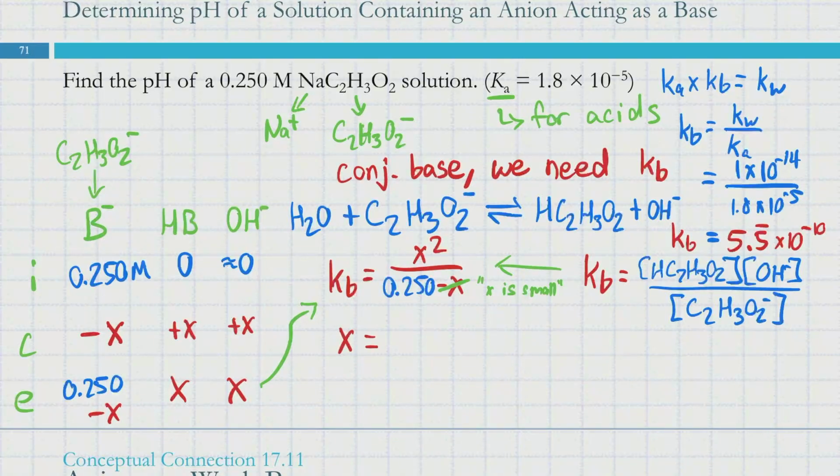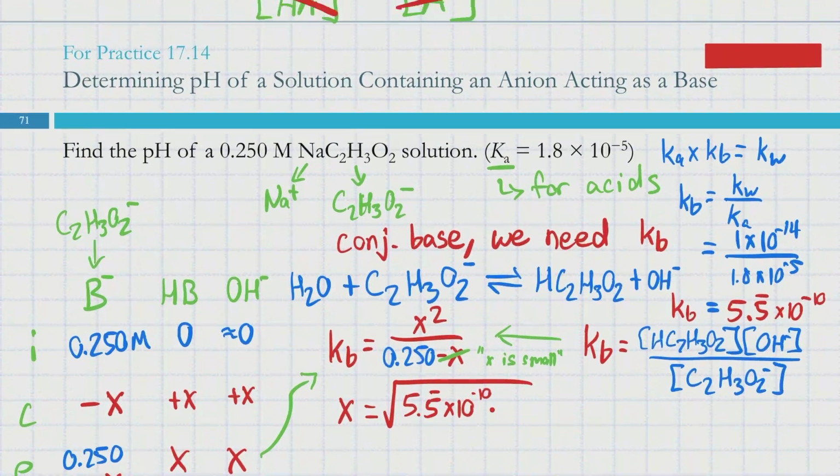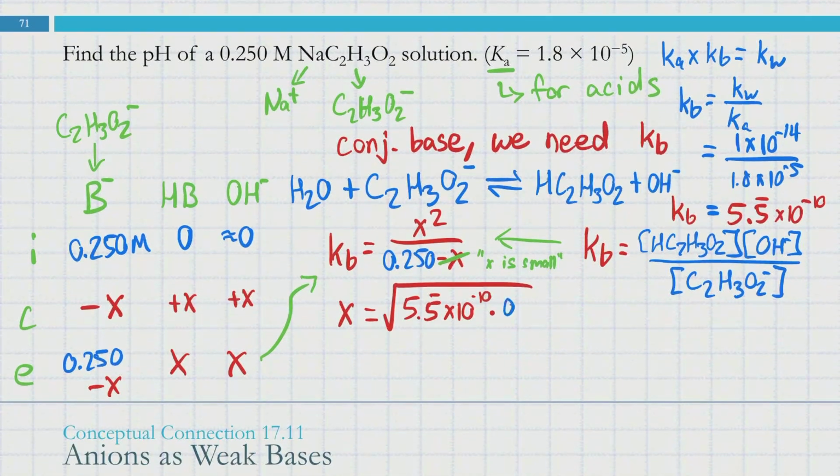So x is equal to the square root of our Kb times 0.250. Plug that into our calculator.